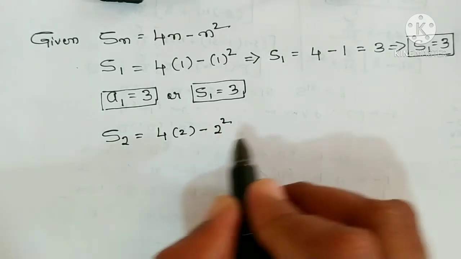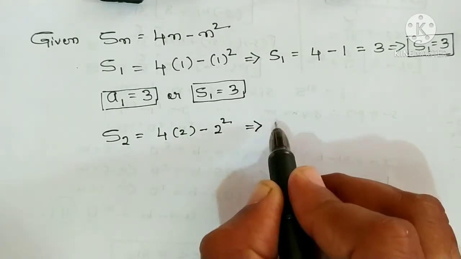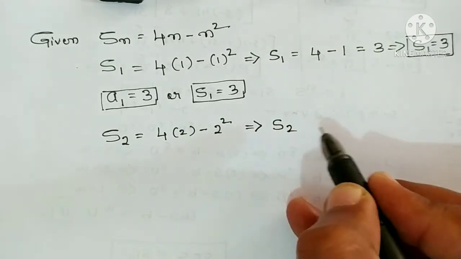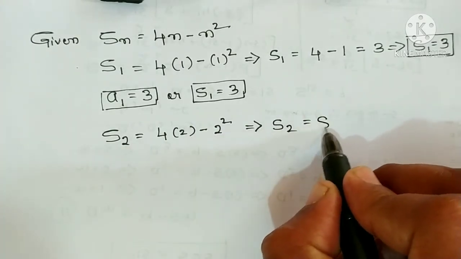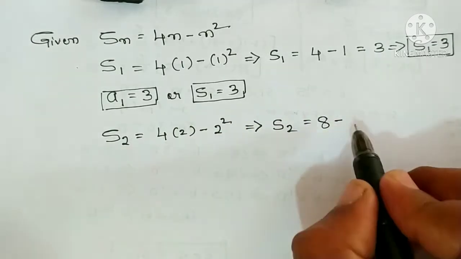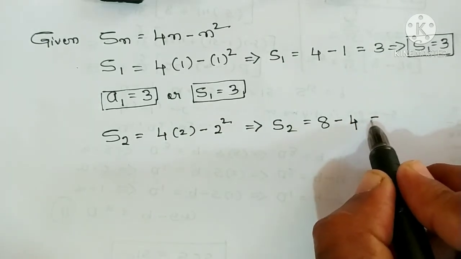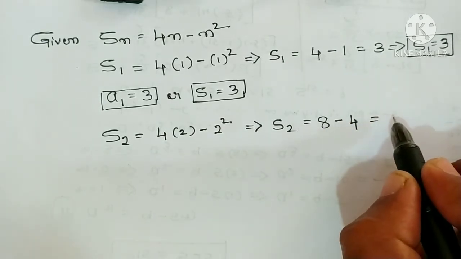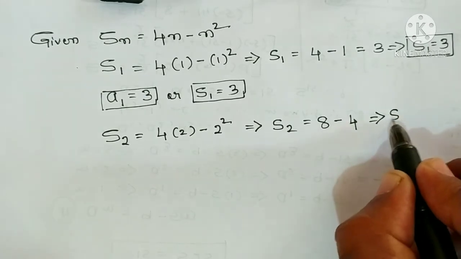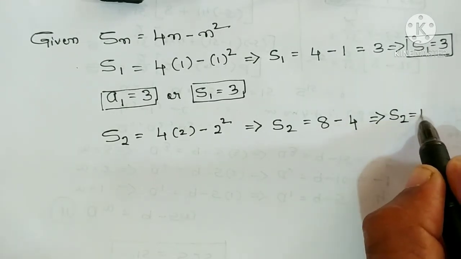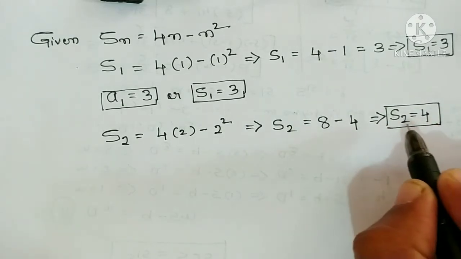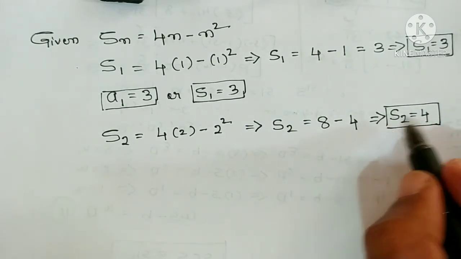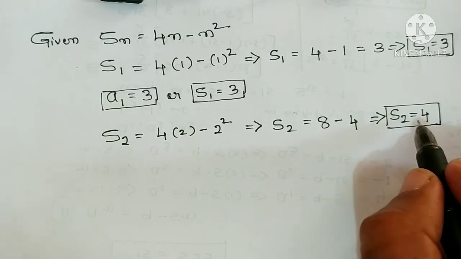So this implies S2 is equal to 4 twos are 8 minus 2 square is 4. So 8 minus 4 is equal to 4. This implies S2 is equal to 4. S2 is nothing but the sum of first two terms.